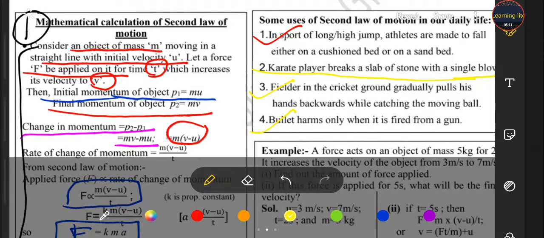Fourth one, a bullet harms only when it is fired. Whenever we press the trigger, it means we apply force, we increase the force by pressing the trigger and decrease the time, and the bullet from the gun shoots the person.